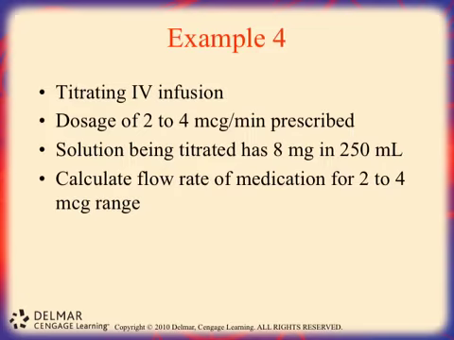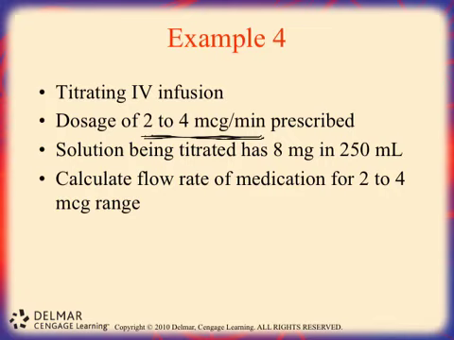Now in this one it's asking us to titrate an IV infusion, and so it's giving us a range of the dosage being 2 to 4 micrograms per minute. So what we would do is we would raise and lower the IV rate from 2 to 4 micrograms per minute in order to keep a certain physiological parameter within the range that has been ordered.